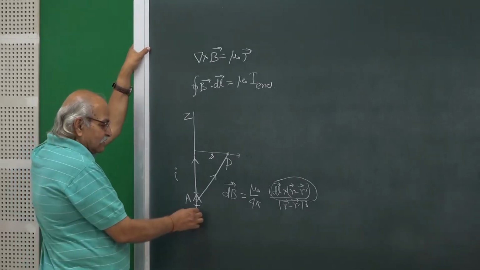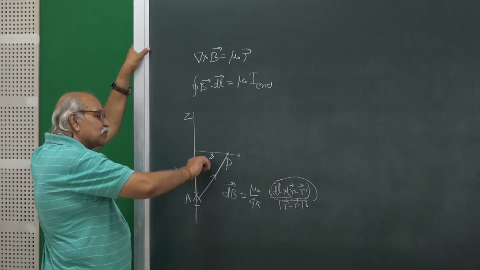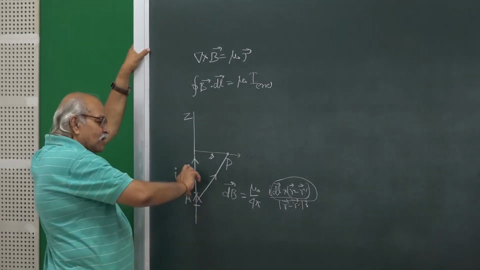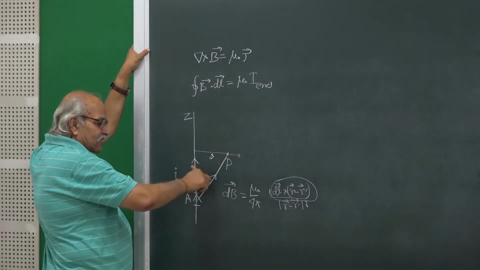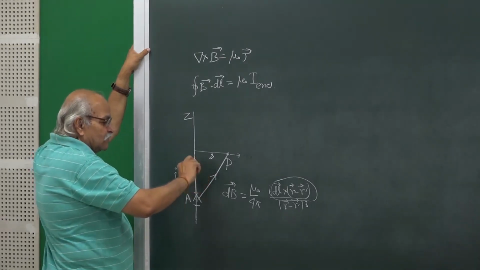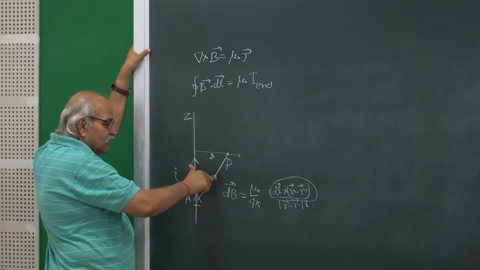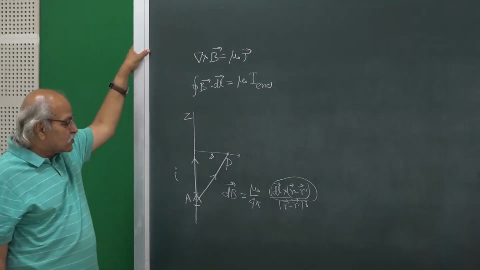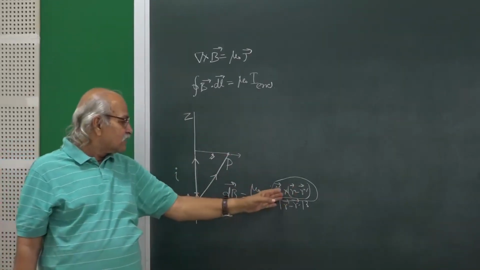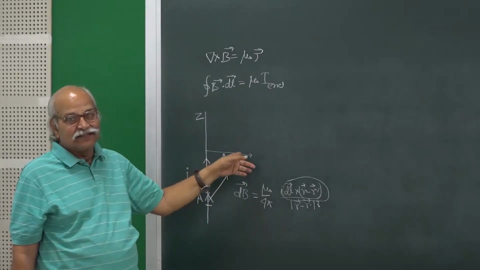One vector is this way, another vector is this way. You turn the first vector towards the second vector, and if you assume a screw, then we are going inside, and therefore the direction of this cross product is perpendicular to the board and going inside.